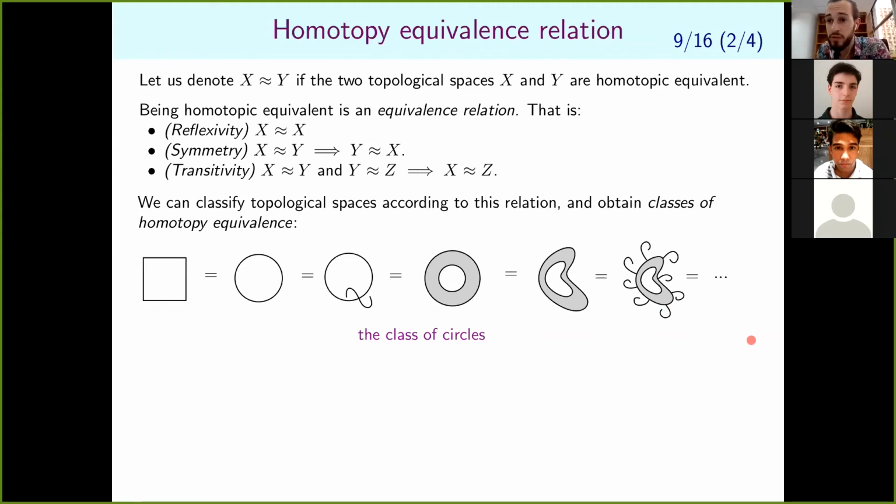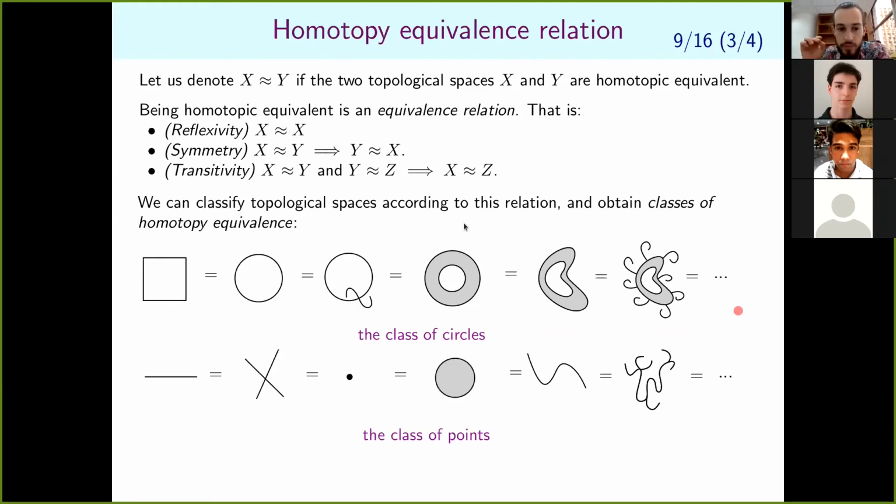And of course, there are many more topological spaces here. And it is interesting to understand what is in this class of circles. Another example, the class of points. That is the class of topological spaces that are homotopy equivalent to the point, the simplest topological space with only one element.